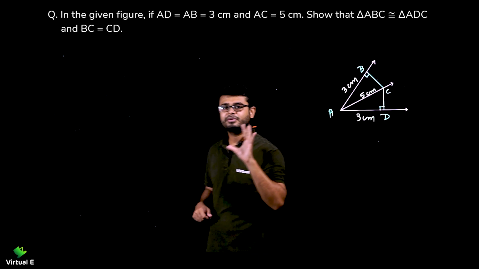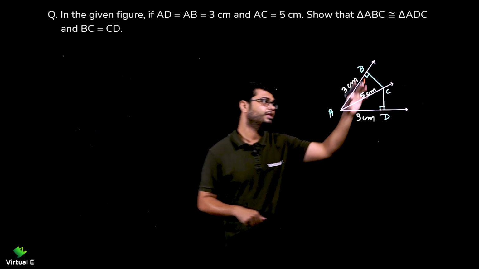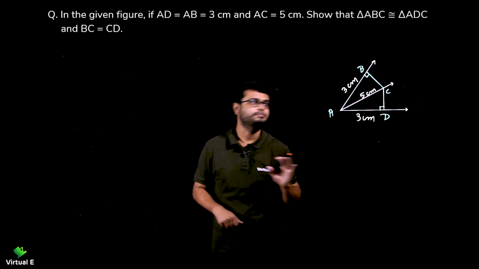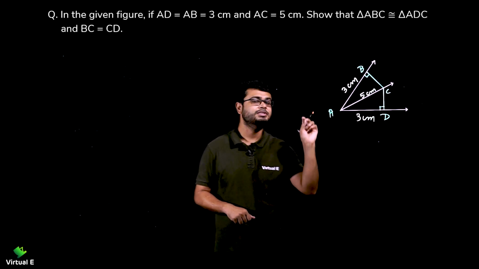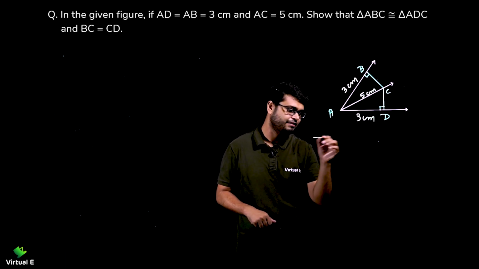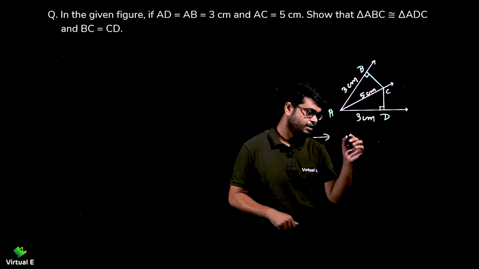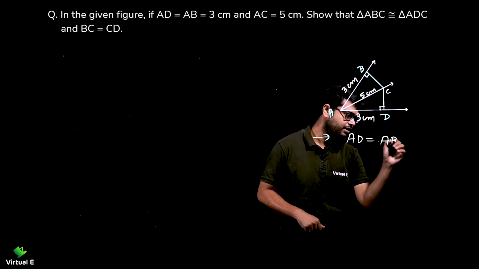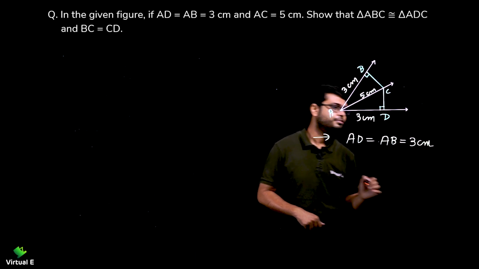This is similar to the previous question that we discussed, right? We need to prove two triangles congruent and we need to prove one more condition based on the given triangle. So first of all, let's list out the conditions that we have. First of all, we have AD is equal to AB, so AD is equal to AB is equal to 3 centimeter, right?